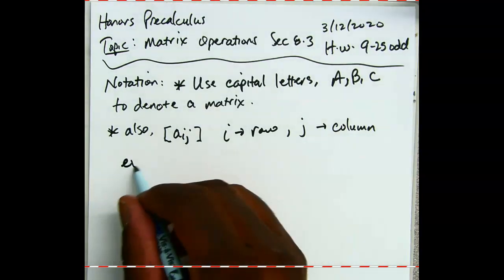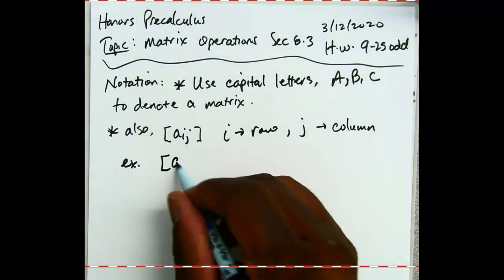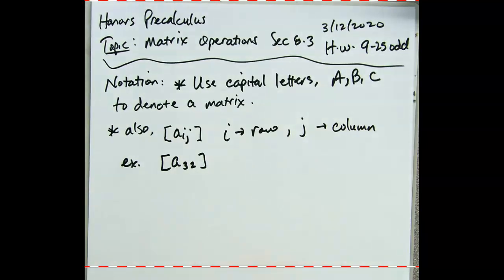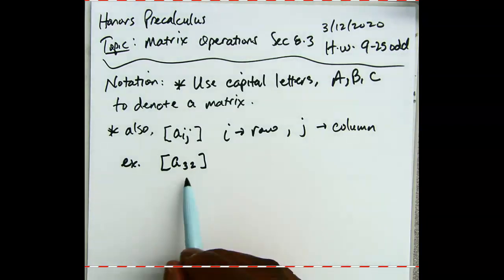So example, if we had a sub 3, 2, what we are specifically looking for is in matrix A, which element occupies the third row and the second column.